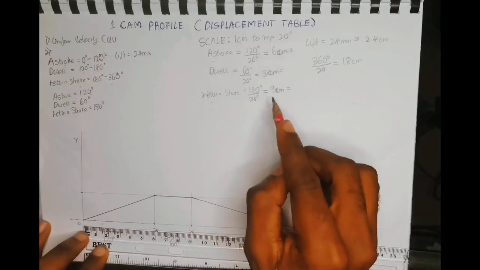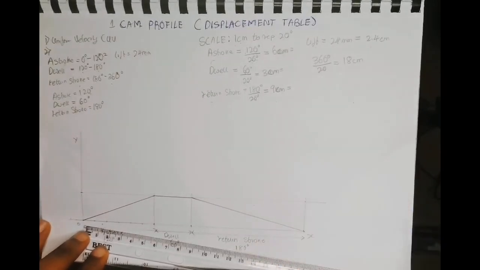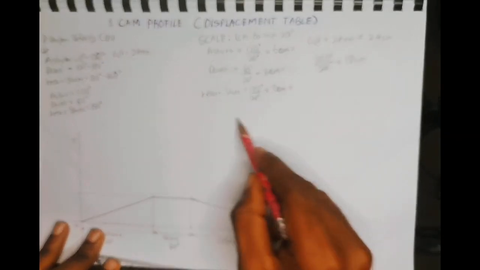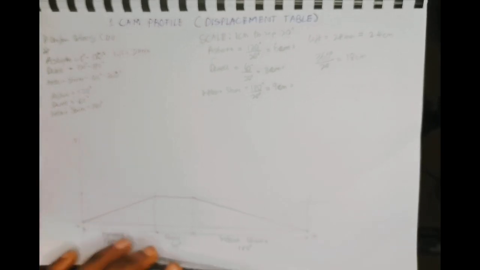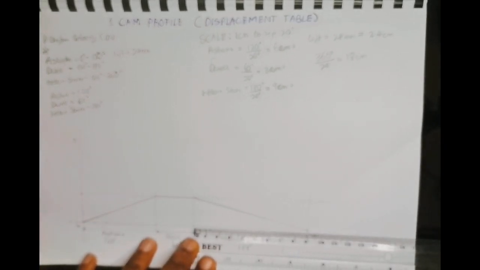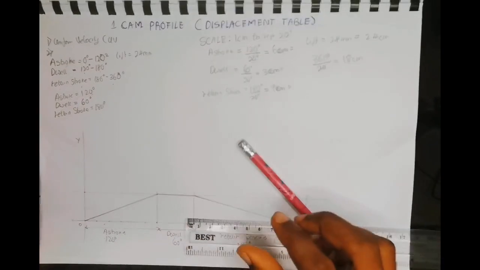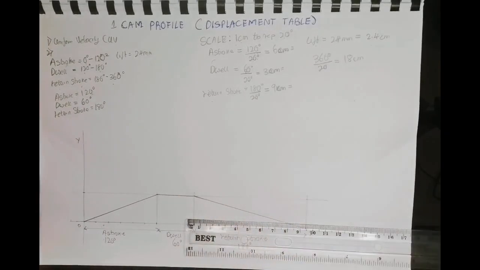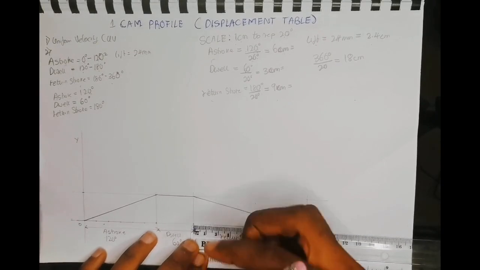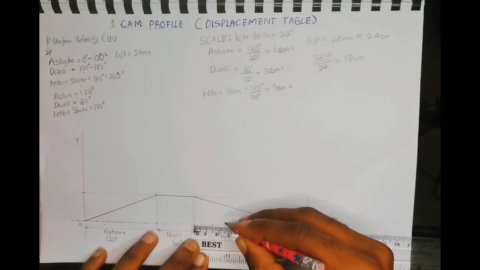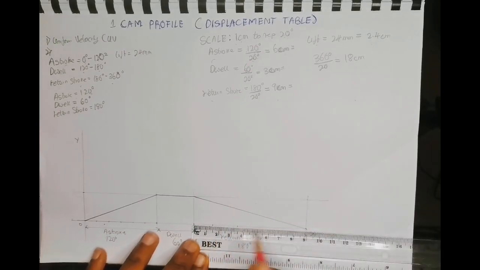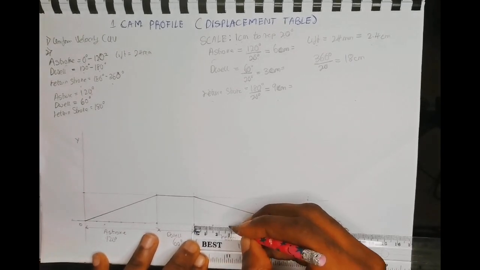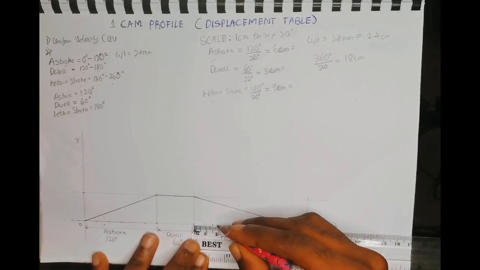Also, the return stroke is 9 cm, so 9 cm divided by 6 is 1.5. Measure 1.5 on the x-axis.